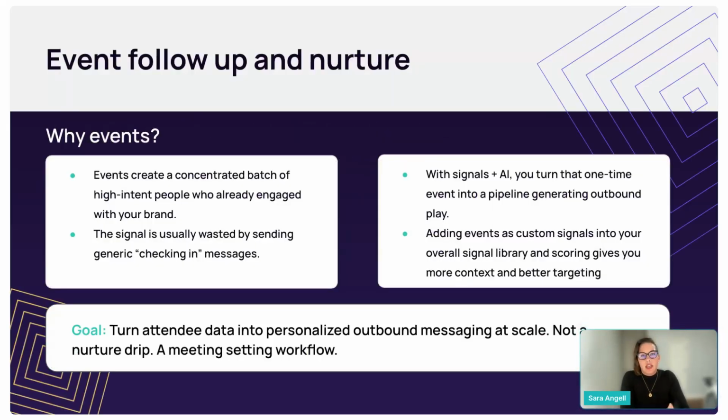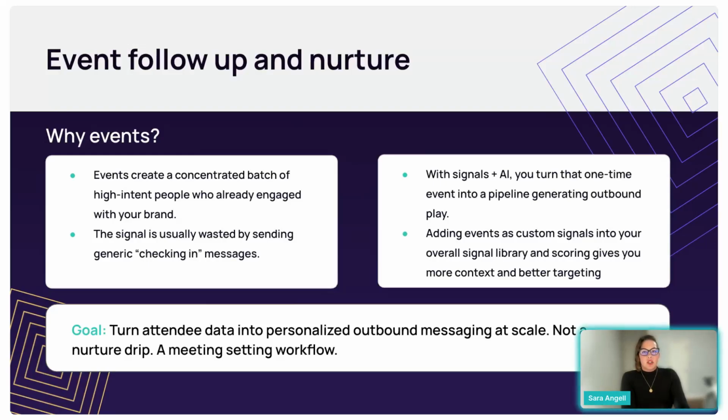So why should you even care about events? It's a really great place to lean into because you have a concentrated group of people who've already engaged with you either in person or virtually, are aware of your brand in a different sort of way, right?